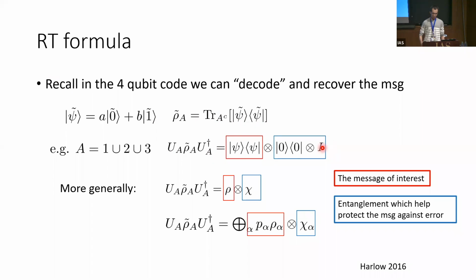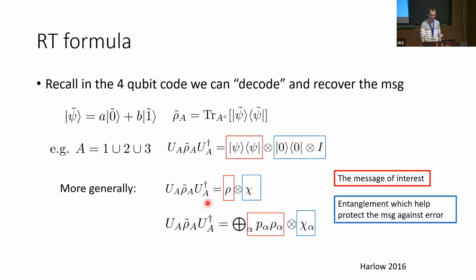And the consequence is that you can divide the information in the state into 2 pieces. The first piece is the information of interest, and the second piece is this leftover piece. And this piece turns out to be also important in building non-trivial quantum codes. More generally, this of course applies beyond just the 4-qubit code.